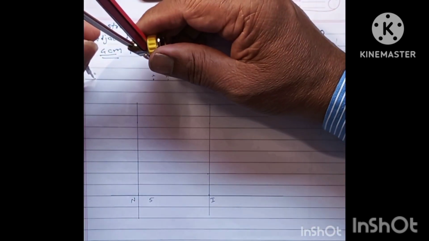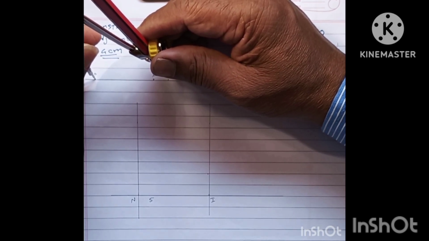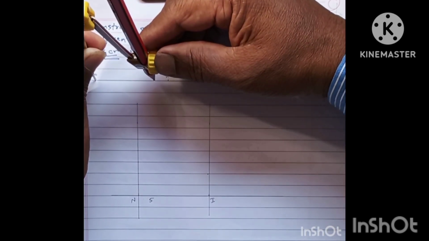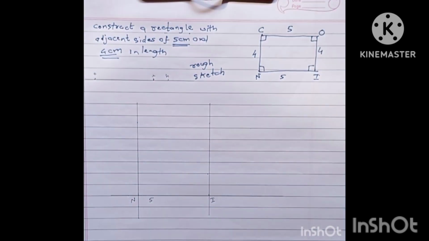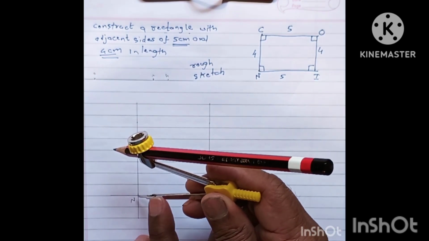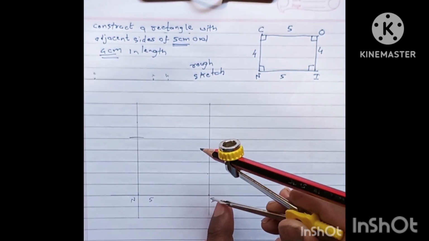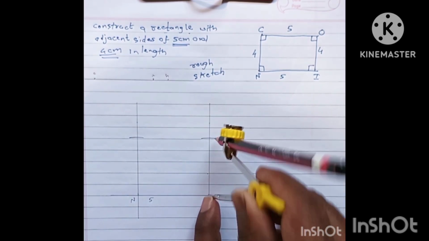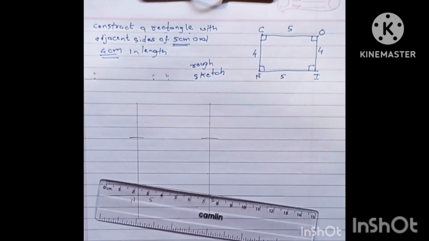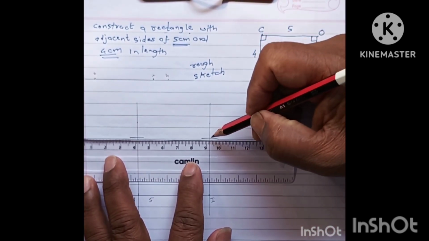And now we will locate the positions of C and O. This is 4. So C is 4 centimeters from N, so keep the compass on N, and draw an arc, and from I draw an arc. These are the points where C and O lie, join them.